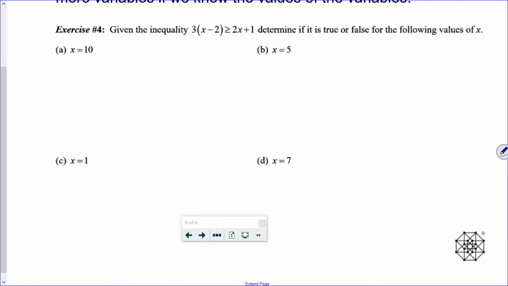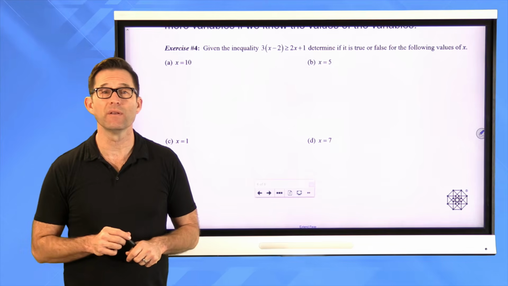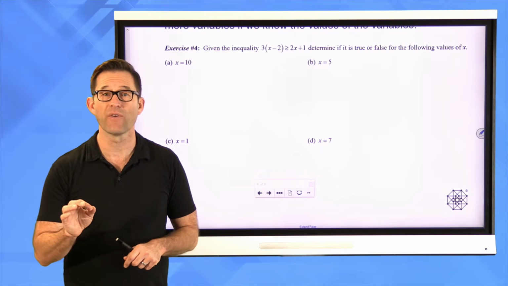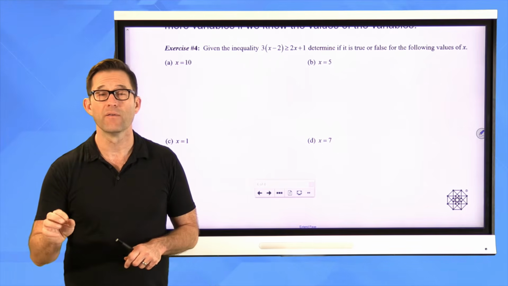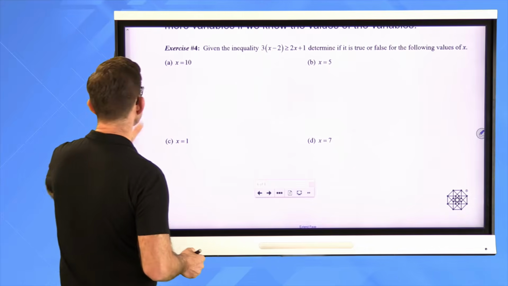Given the inequality 3 times the quantity x minus 2 is greater than or equal to 2x plus 1, determine if it is true or false for the following values of x. This is identical to what we did with equations. The only difference is now we have to judge the truth value of the inequality versus the equality. So let's do letter A together. x equals 10.